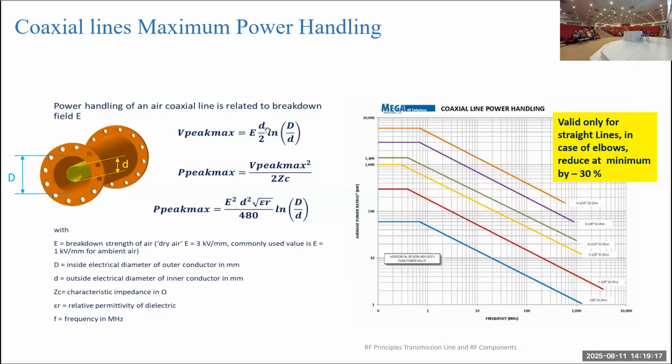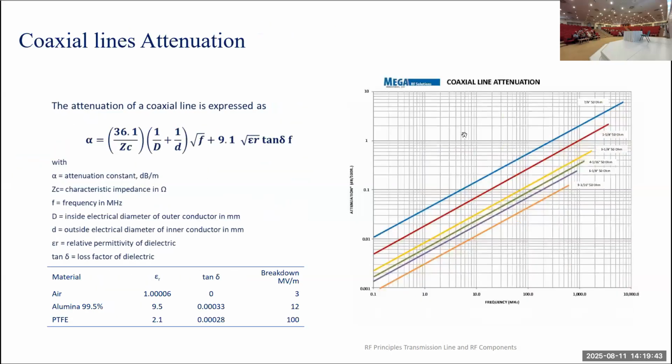If you want to increase the peak power carrying capacity, you must increase the small d and their ratio as well. Here is a graph for different cables. Their maximum power carrying capabilities are shown in this graph.